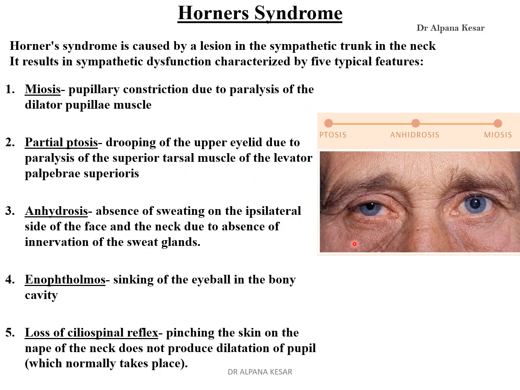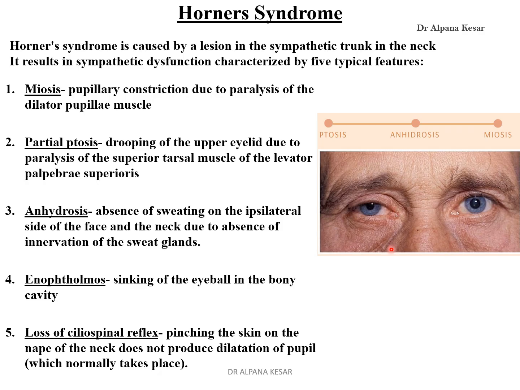Meiosis is pupillary constriction due to paralysis of dilator pupillae muscle. If we compare the pupil of this eye with this one, we find that it is constricted here. So pupillary constriction, partial ptosis, where there is drooping of the upper eyelid due to paralysis of the superior tarsal muscle of the levator palpebrae superioris.